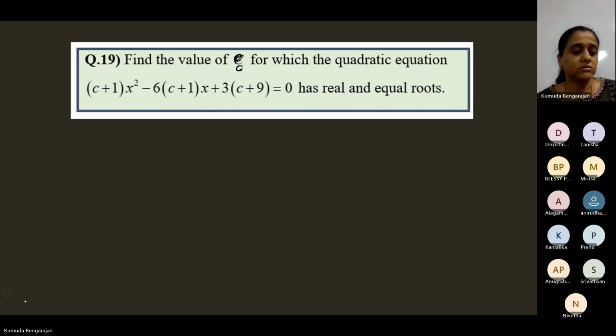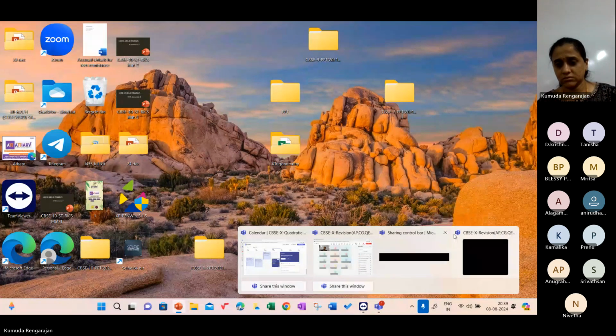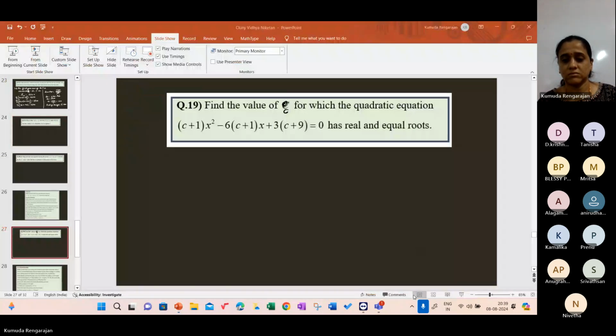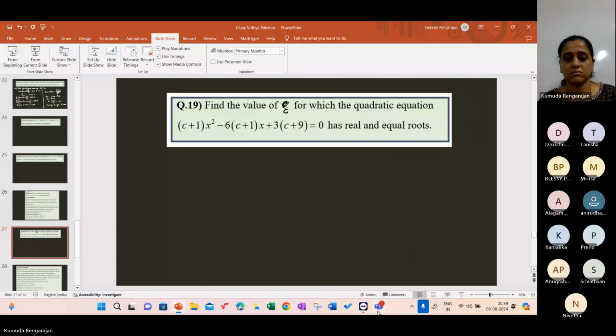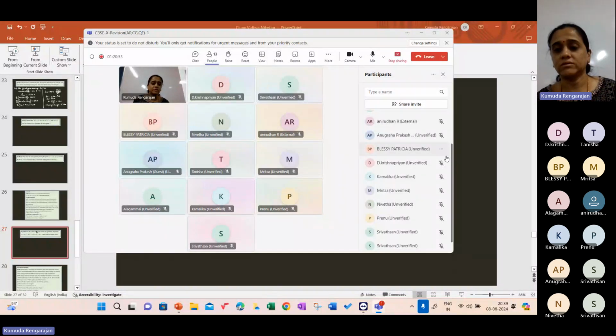Online children, what's the condition for equal roots? Yeah, online children, use the emoji, raise your hand.